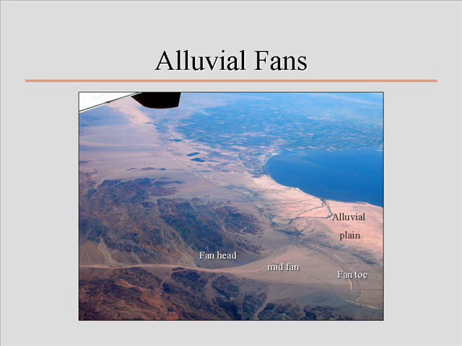So there's the head, there's mid-fan, and there's the toe. And eventually what happens is the toe passes into a flat area that's not part of the fan structure itself. This is usually just called the alluvial plain. That's where rivers, etc., start to flow down. Okay, so this just possibly gets into the plain component here.